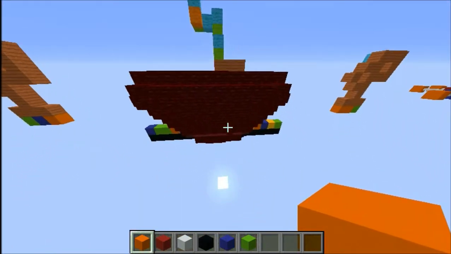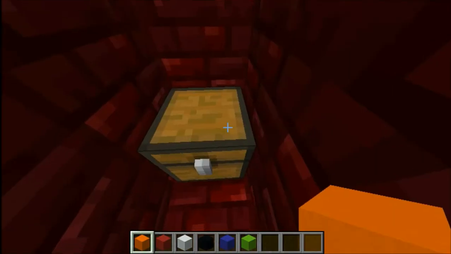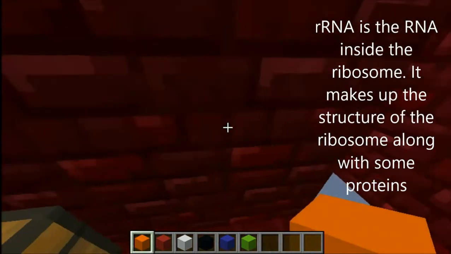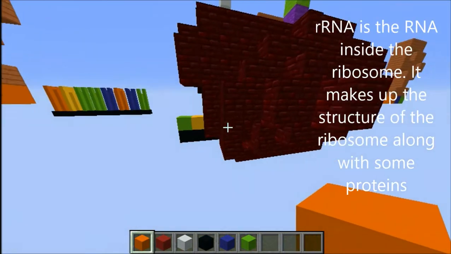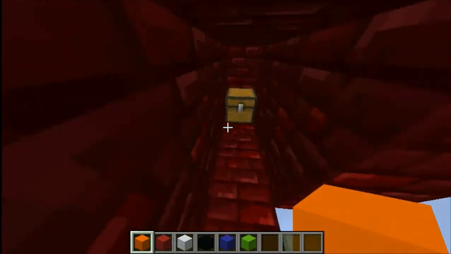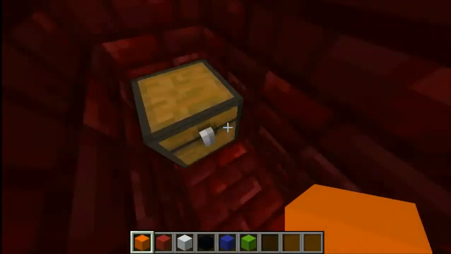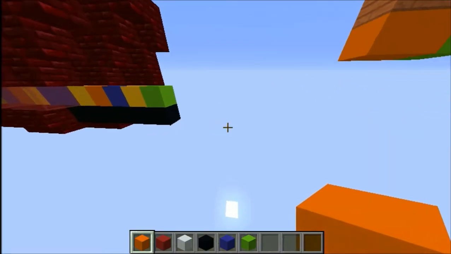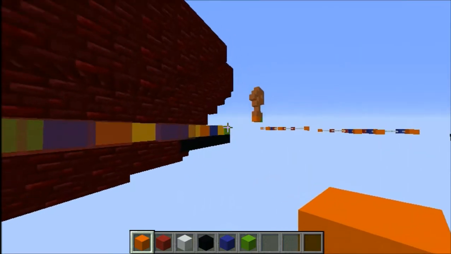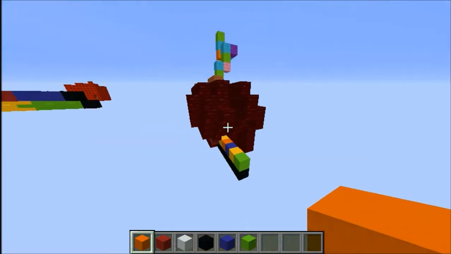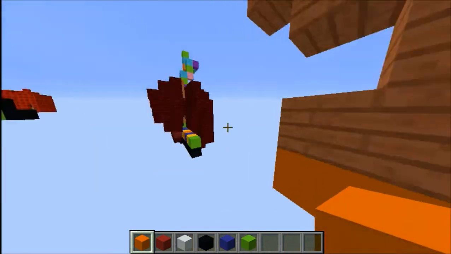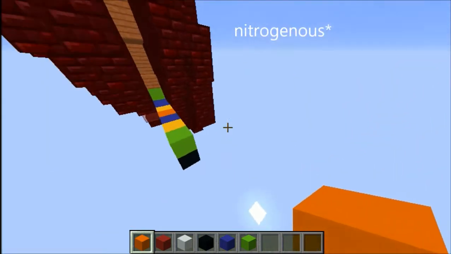And we have a third type of RNA. This is rRNA, ribosomal RNA. It is located inside the ribosome. And this is kind of what makes the ribosome work. See, it's just got a whole ton of RNA in it. Messenger RNA comes through the ribosome. tRNA comes in with amino acids based on whatever nucleotide bases they have.